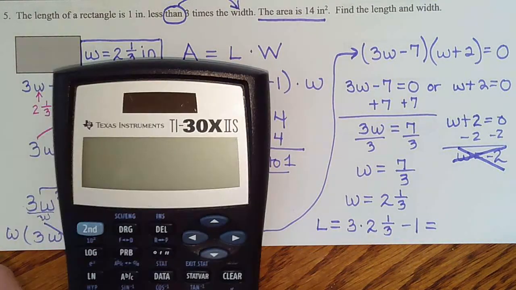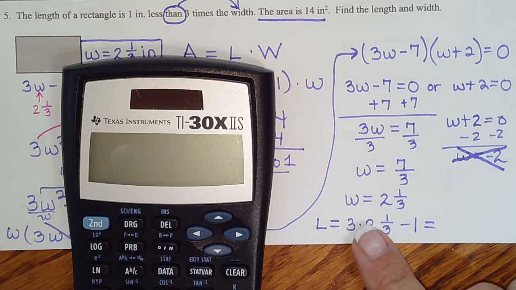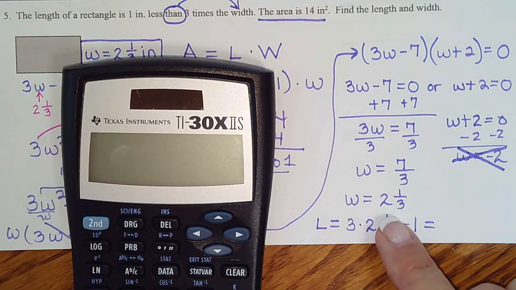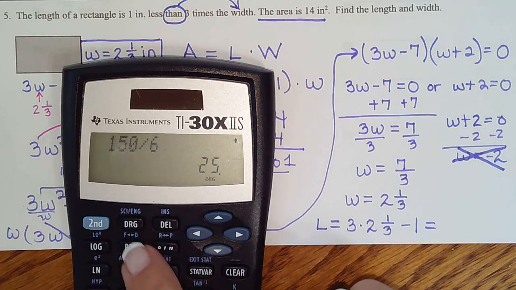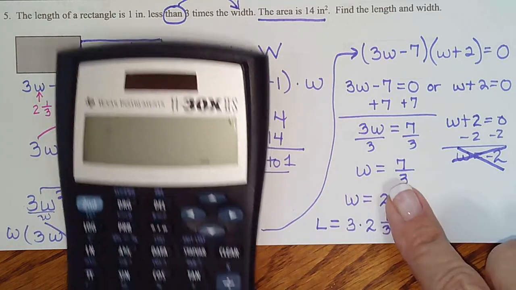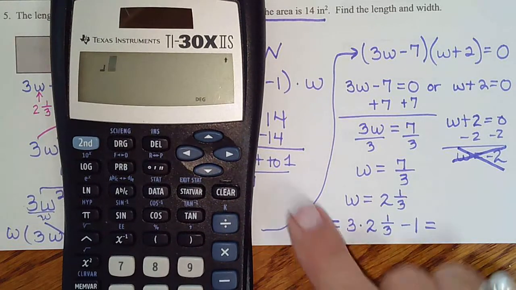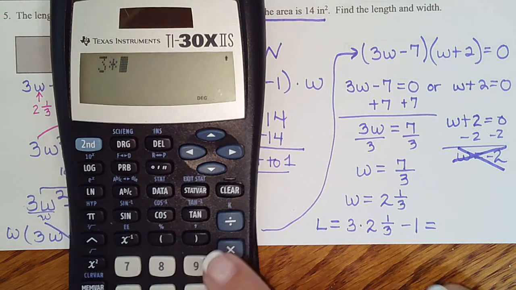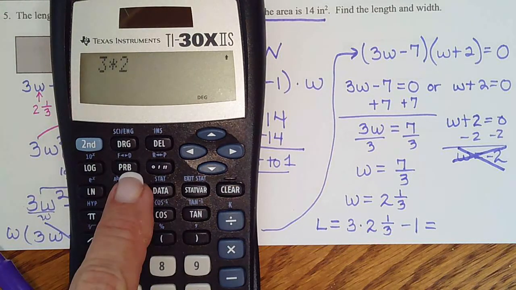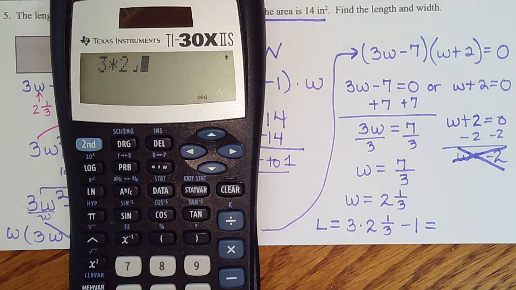Do you guys remember when you're doing mixed numbers, you have to go 2, fraction bar, 1, fraction bar, 3. So mixed numbers require you hitting the fraction bar key twice. So we have 3 times 2 fraction bar 1 fraction bar 3.